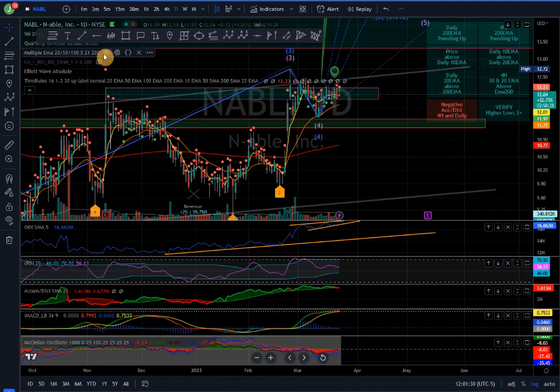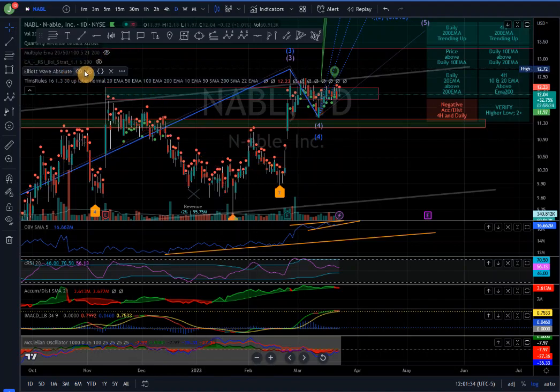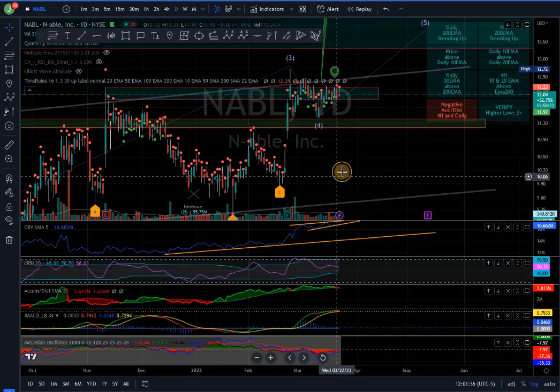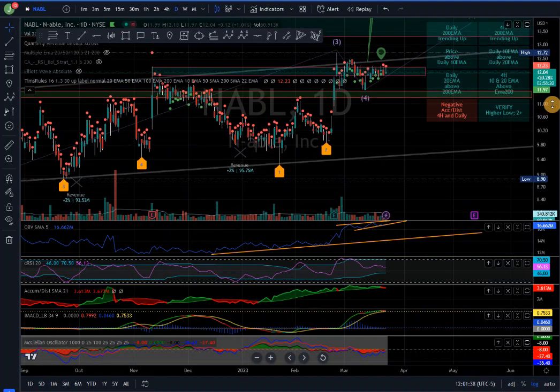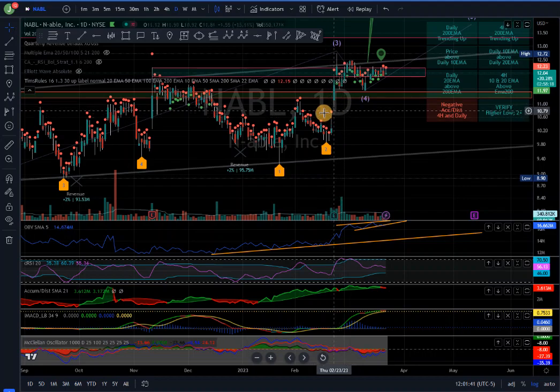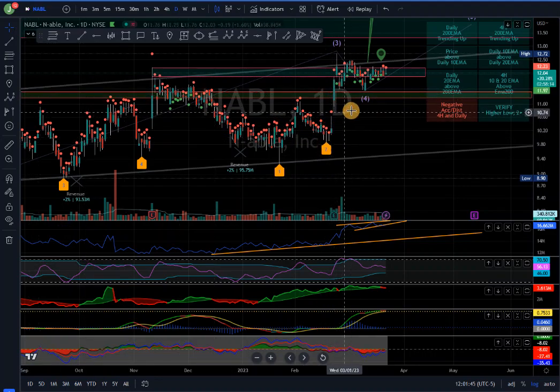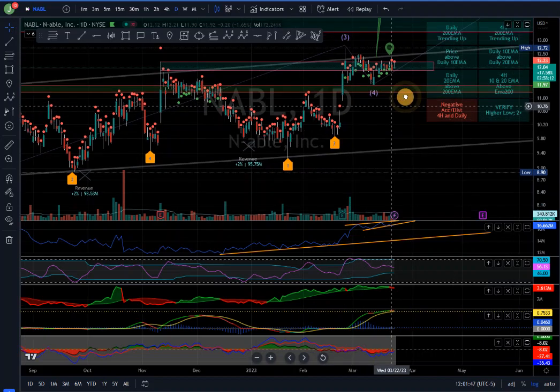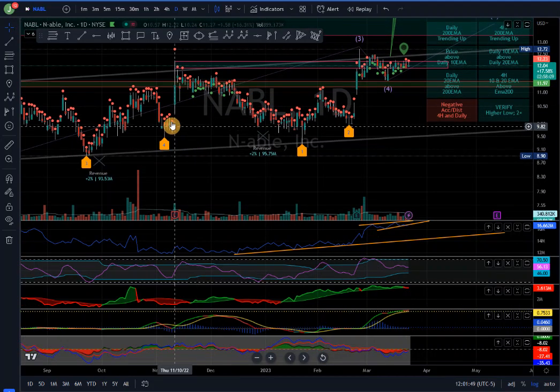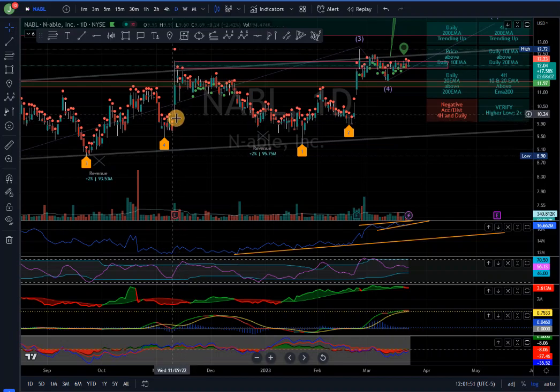Let's see, I got rid of my indicators to clean this up a little bit. Here, let me get rid of the Elliott wave. Another thing to notice is this gap right here. Sometimes these gaps have a tendency of getting filled. I think it's more of a 50-50 chance. Going back looking at the history, this did the exact same thing.